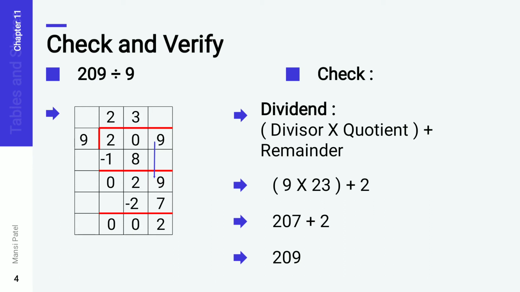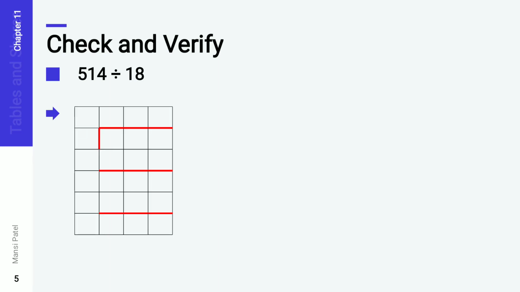Let us see the next example. Now your question is 514 divided by 18. So here again we have to do the division. 514 divided by 18. Now in the table of 18 you are not getting the number 5. 5 is smaller than 18, so take the 2 digits.